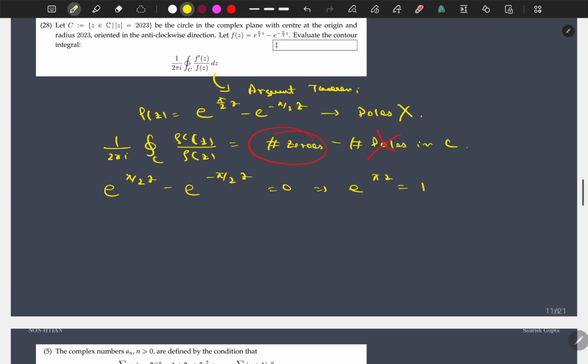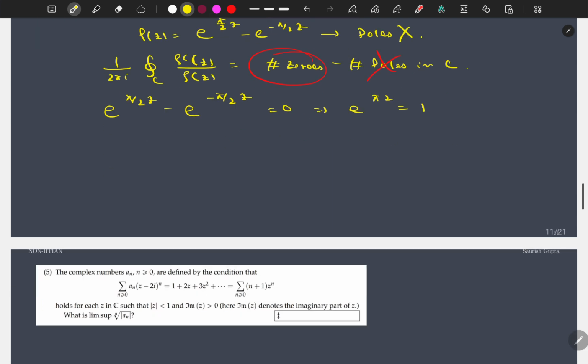And from here, what can you conclude? You just need to solve this. So e to the power pi z equals e to the power 2 pi i k. From here, z is of the form, pi gets cancelled out, 2ik.